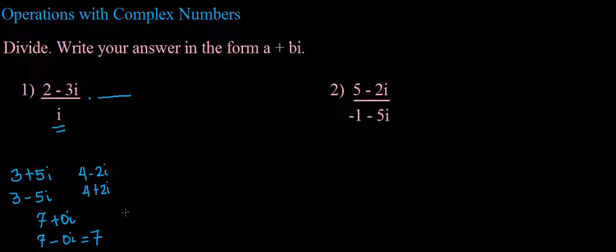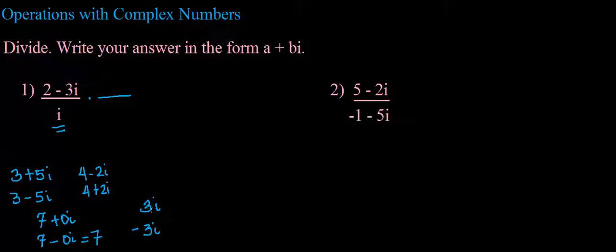Same thing happens when you have 3i. If I ask you for the conjugate of 3i, your answer should be negative 3i, because we know that the conjugate only affects the imaginary part by changing the sign in front of it. So when I only have the imaginary part with no real part, the conjugate will be the opposite sign.